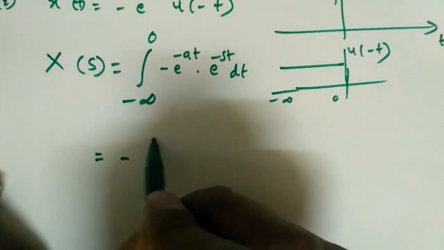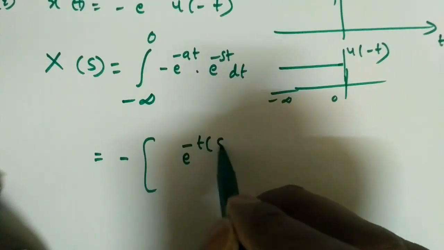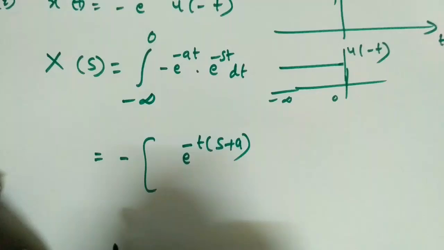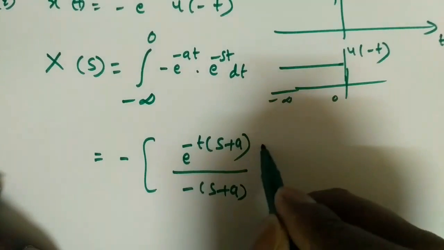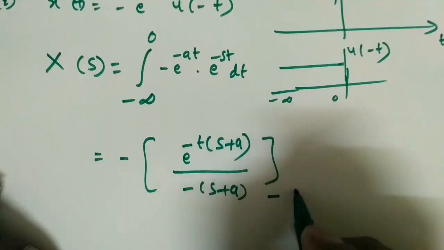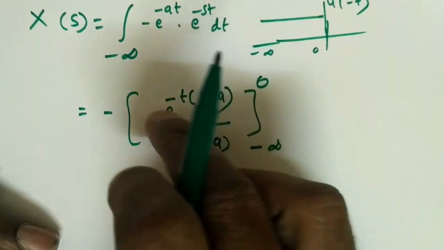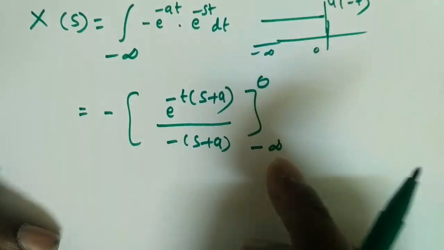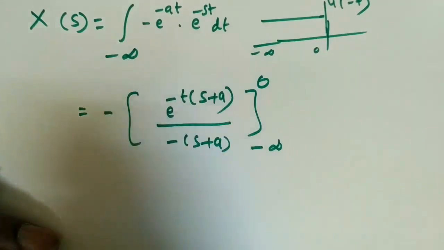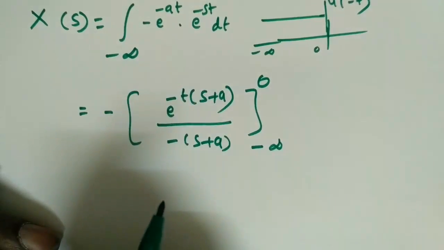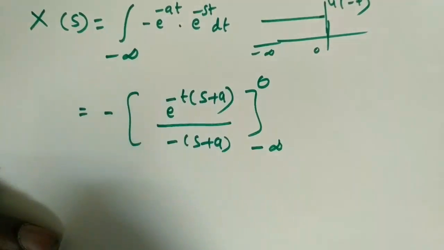Now if I take the minus common, this becomes e power minus t of s plus a, and the integration gives minus of s plus a. The limits will be minus infinity to 0. When I substitute 0, there is no convergence problem. When I substitute minus infinity, here minus will be plus, so e power infinity will be infinity, so it diverges. Now what condition do we need to make?